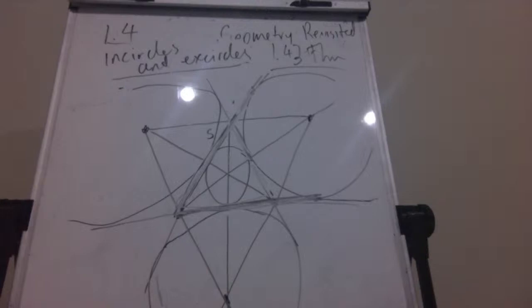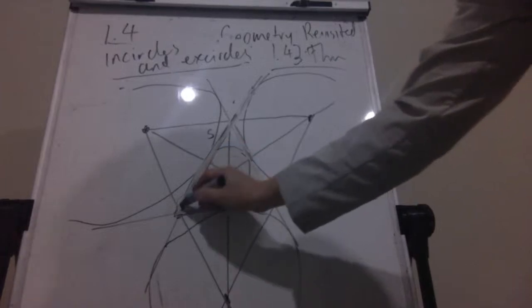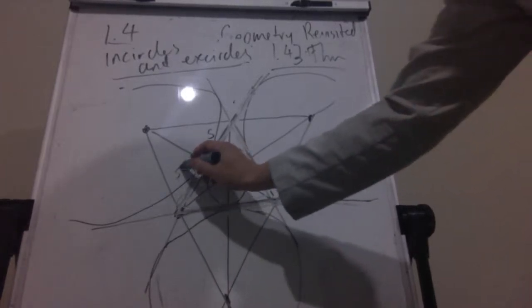What's BXC? BXC is S minus A. Okay, so they're saying this side here is S minus A. Yeah, we proved that.